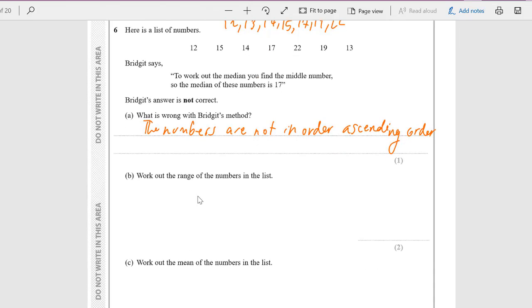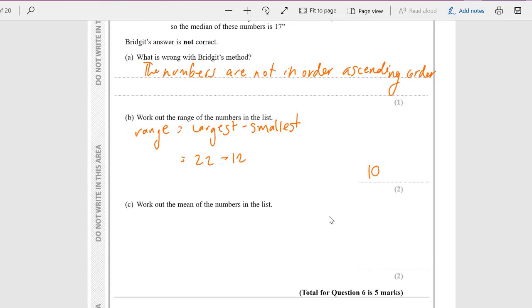Work out the range of the numbers in the list. So the range is going to be the largest subtract the smallest. So that will give us 22 subtract 12 gives us 10. Work out the mean of the numbers in the list. So the mean is going to be the sum of x divided by n.